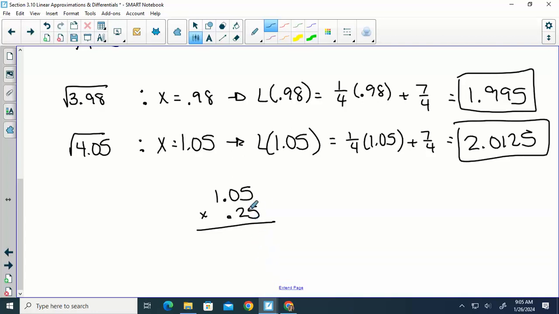Remember if you multiply these, so 5 times 5 is 25. 0 times 5 is 0, plus 2 is 2. 5 times 1 is 5. And then what do we put next? A 0. 2 times 5 is 10.